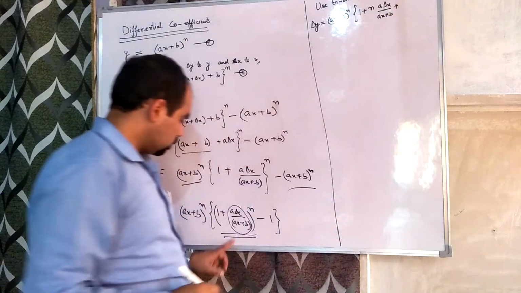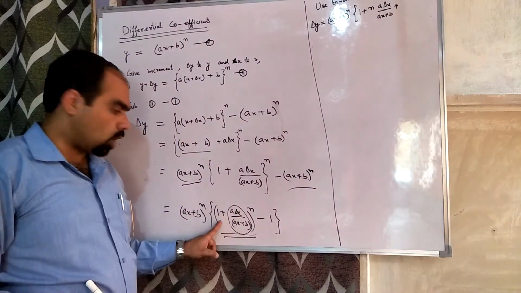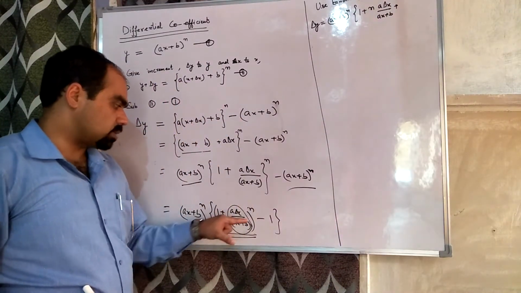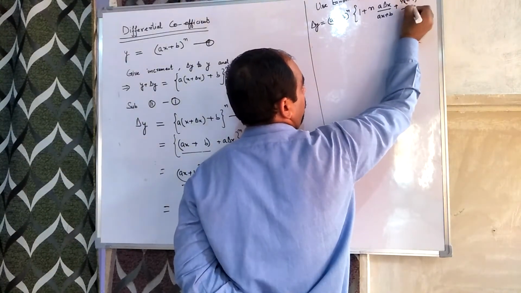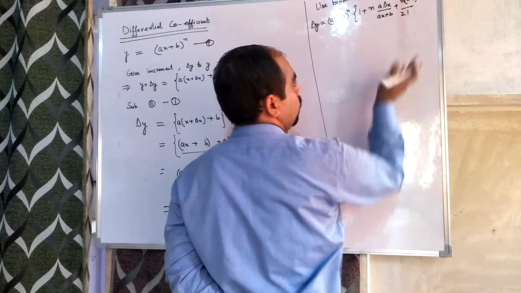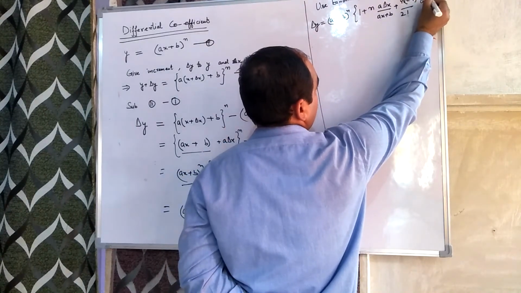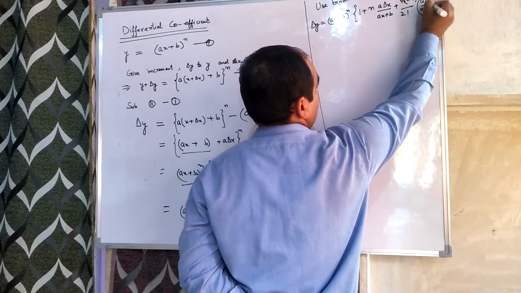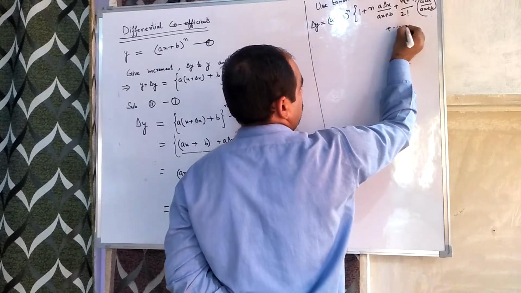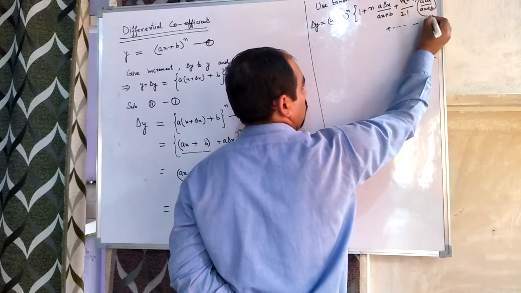plus, the formula is 1 plus n into x plus n into (n minus 1) upon 2 factorial into x square plus so on, minus 1.